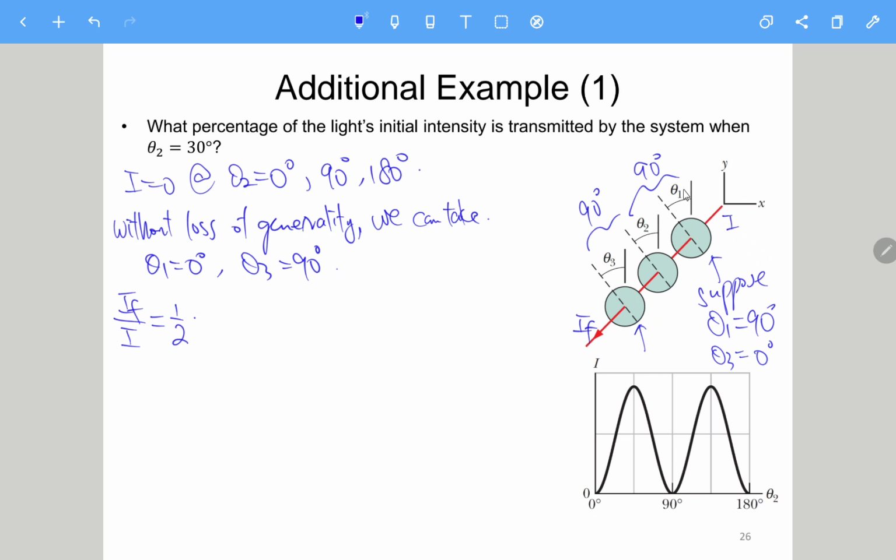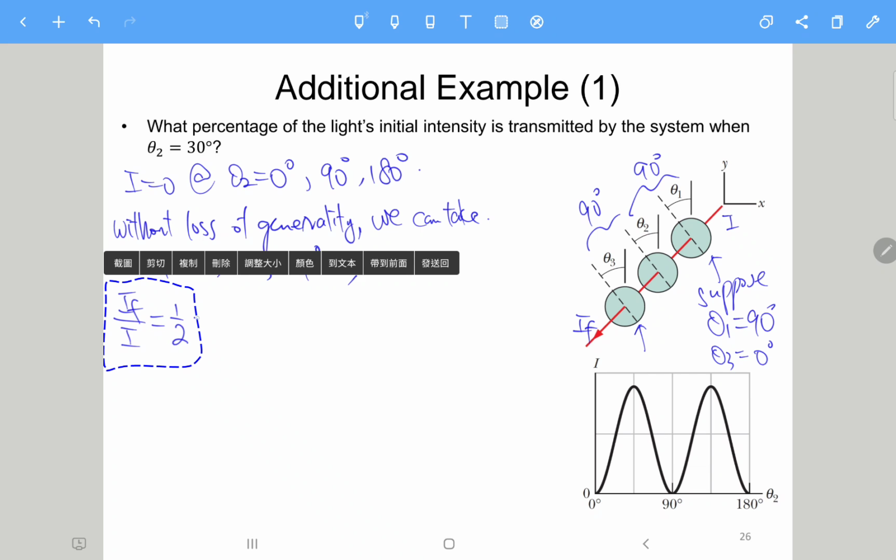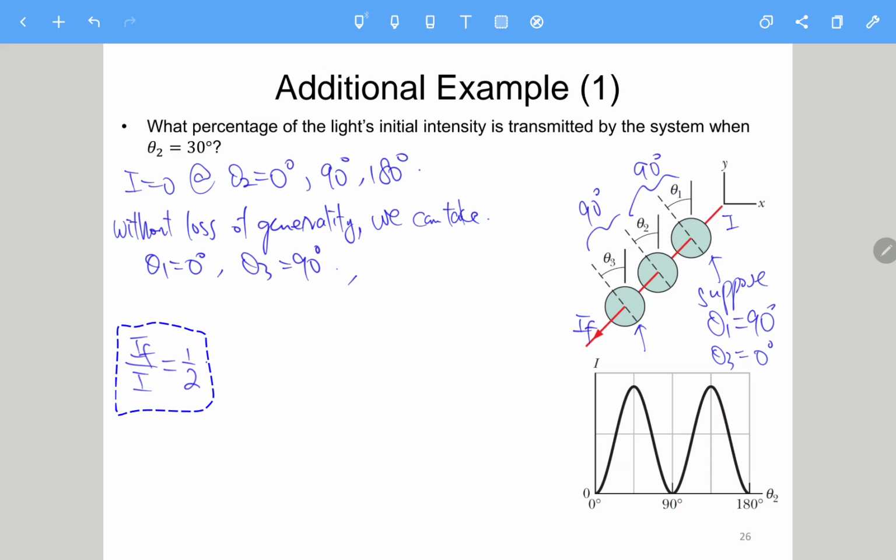And then between theta 1 and theta 2, we have theta 2 to be 30 degree, so we multiply by cosine square of 30 degree.